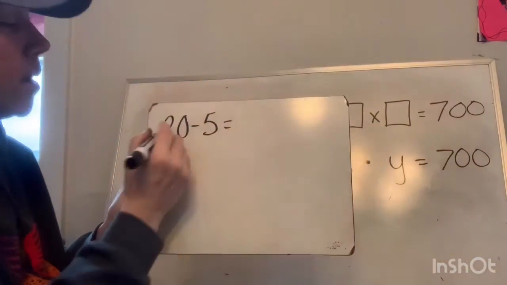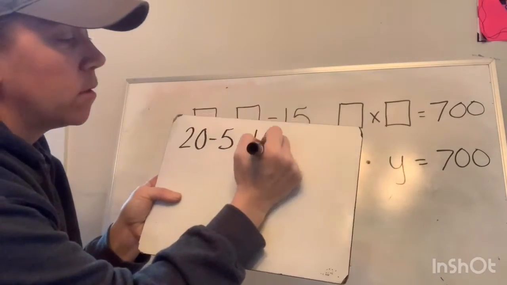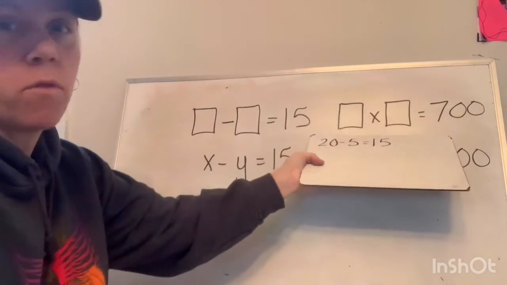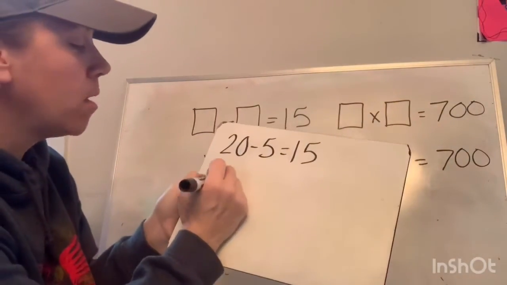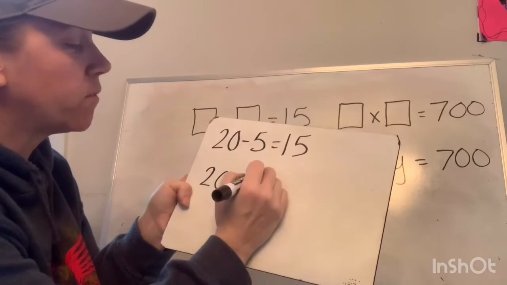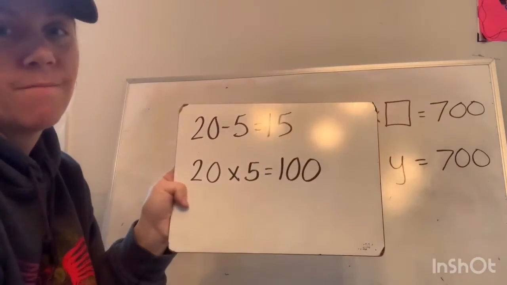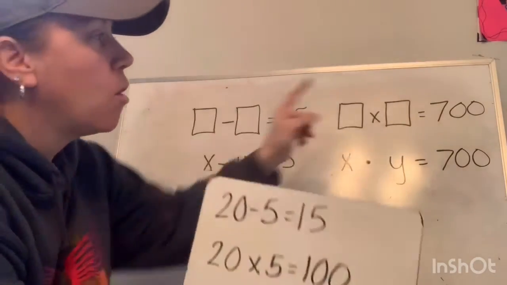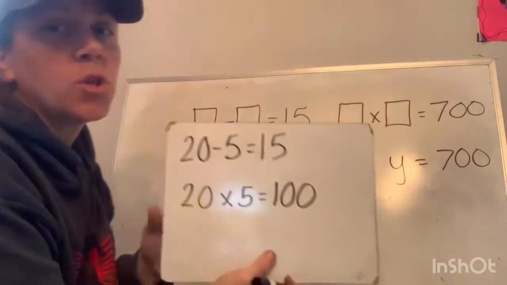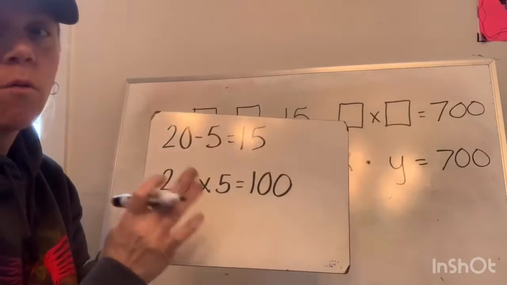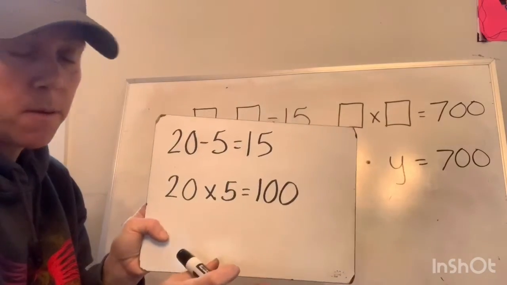So 20 minus 5 does equal 15. That one made sense. But when I came over here to multiply them, 20 times 5 equals 100. So that 100 was too low. So I know that these two numbers are too low for my answers, okay?